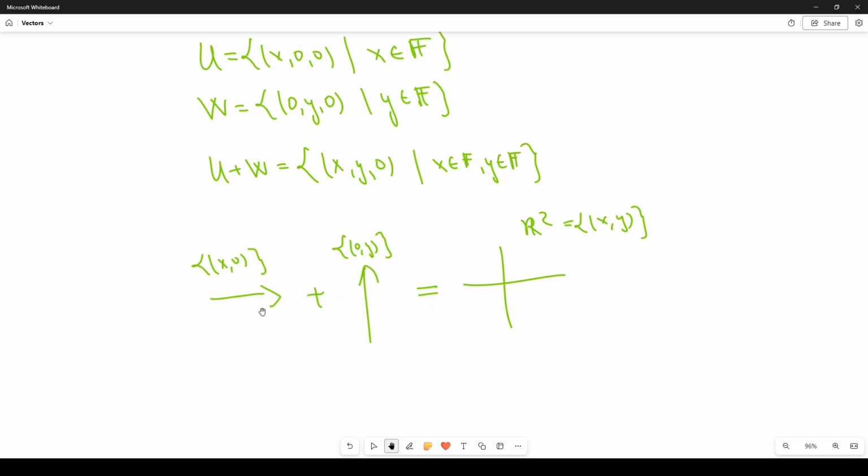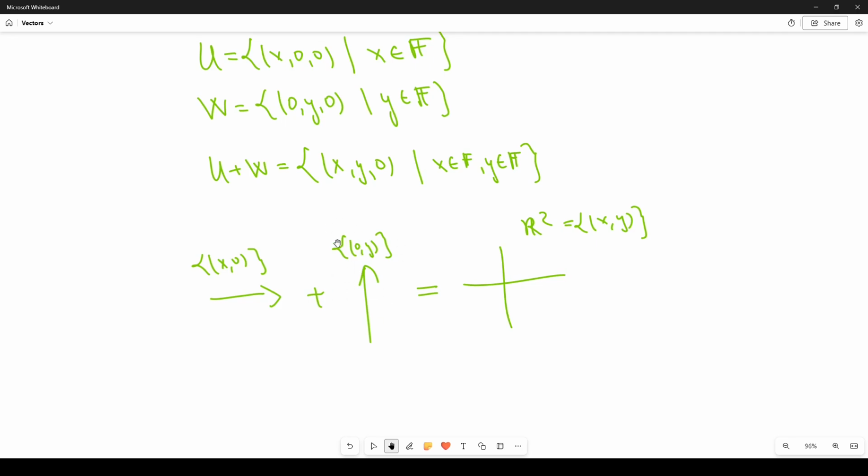If I look at this set, so we're in the plane, and if I take all of these ordered pairs where the y coordinate is 0, and we can just control the x coordinate. If I pick up all of those vectors, we would get all the vectors lying on this x-axis, the horizontal line.